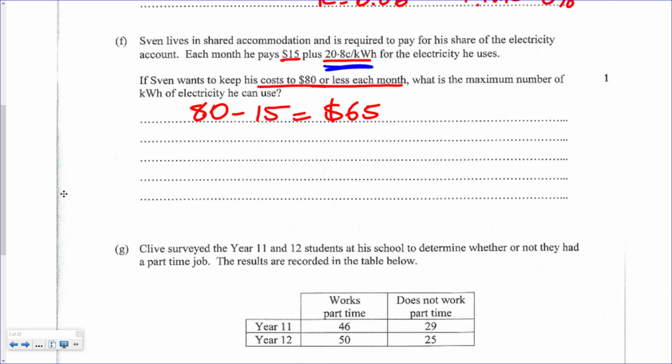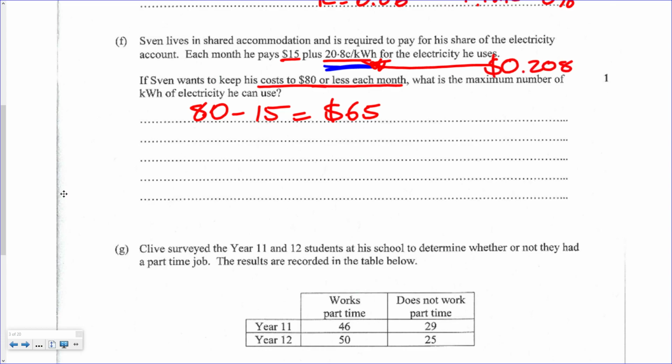So that means his electricity use is what we need to work with, the $65. Now we need to figure out how many kilowatt hours, how many lots of those 20.8 cents, will make $65. Now, quite a lot of people from this point divided this by 20.8. The problem is, that will be $20.80 per kilowatt hour, but it's 20.8 cents. So what we need to do is realize that 20.8 cents is $0.208.